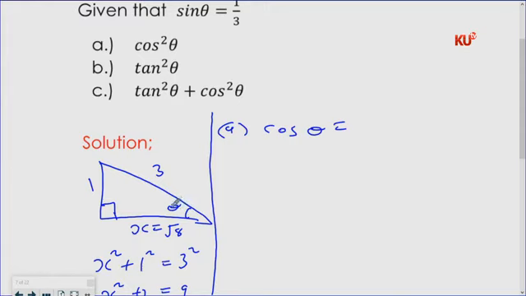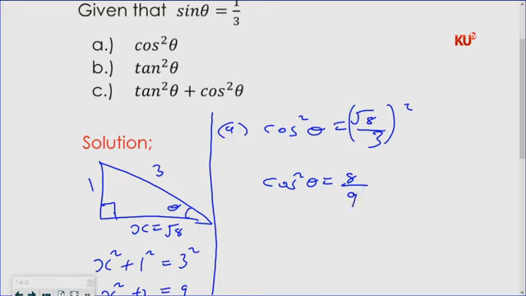Adjacent side to this theta is this side, which is root 8 over hypotenuse. Hypotenuse is 3. But our question was cos squared, so we need to square this. Therefore, cos squared theta is equal to, the square will cancel out the square root, 8 over, this square is affecting also the denominator, so you have to square 3, you get 9.